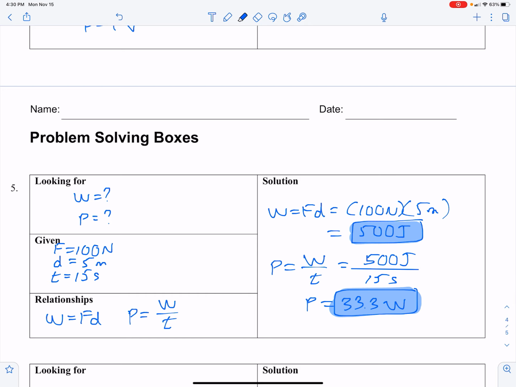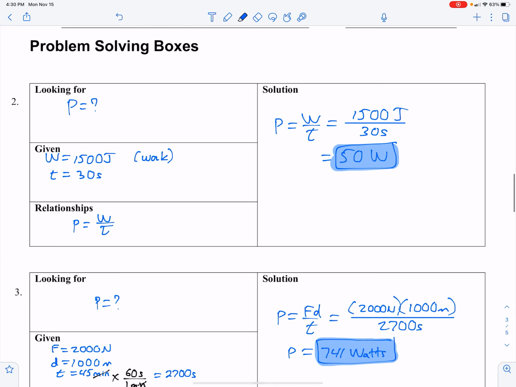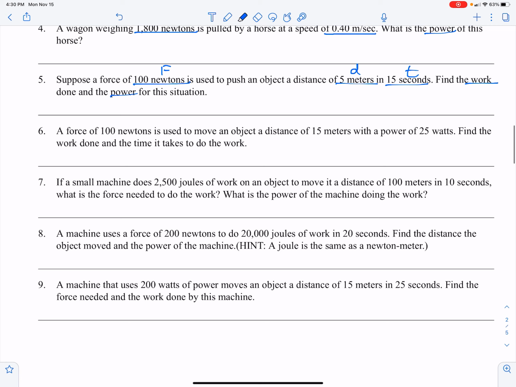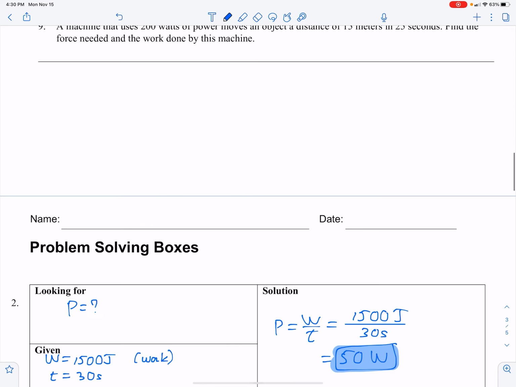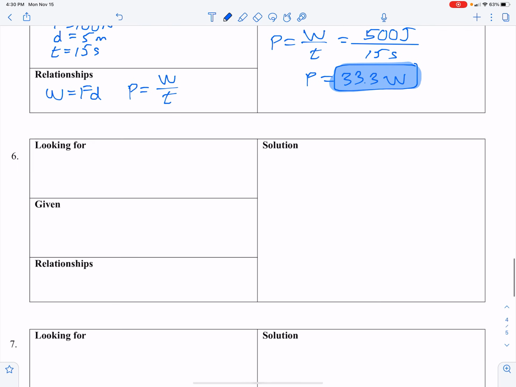Let's take a look at number 6. Well, a force of 100 newtons is used to move an object a distance of 15 meters with a power of 25 watts. This time we're looking for the work and the time. So 100 newtons, 15 meters, 25 watts.